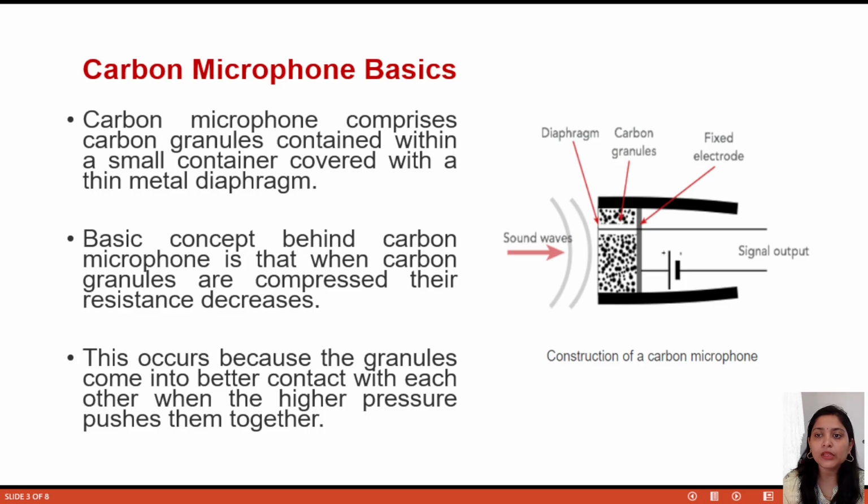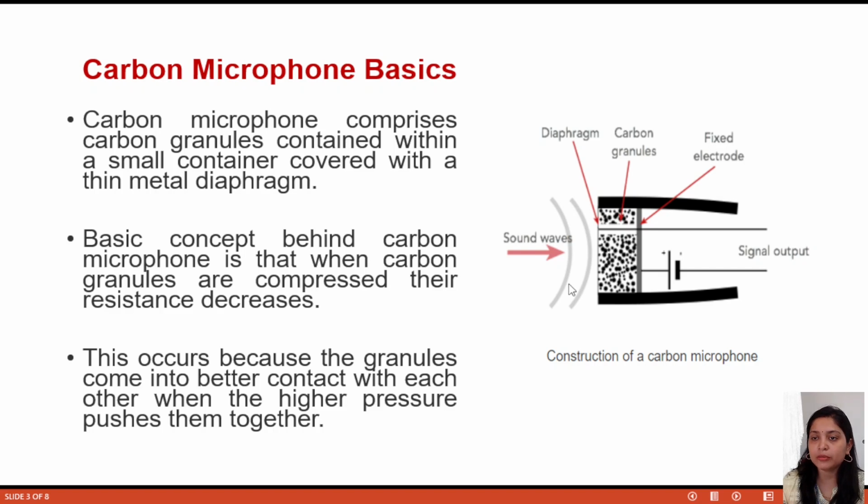So, what is the basic principle of the carbon microphone? Here you can see the basic construction.